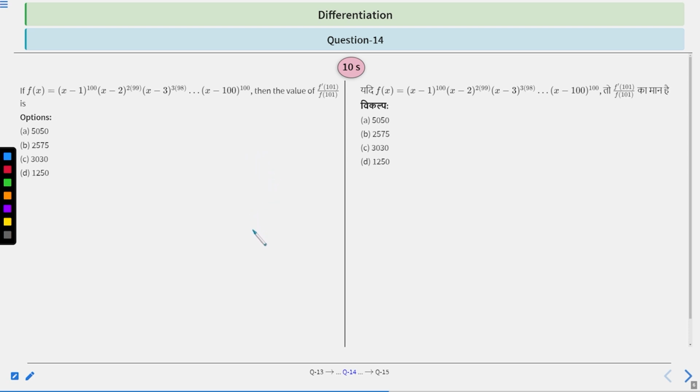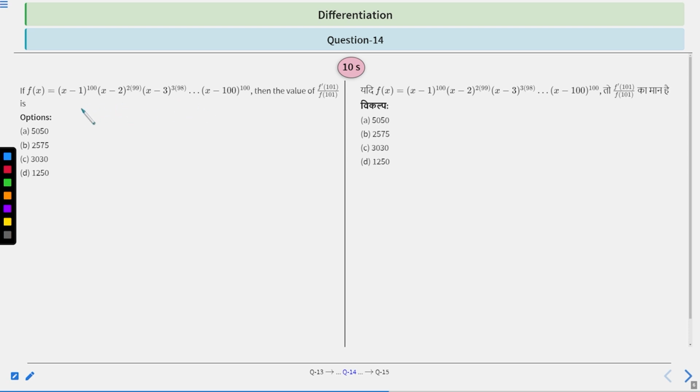The hint of this question is, when you see this question, you will see there is a certain pattern going on. So f(x) can be written as the product of (x minus i) to the power i into (100 minus i plus 1), where i runs from 1 to 100.